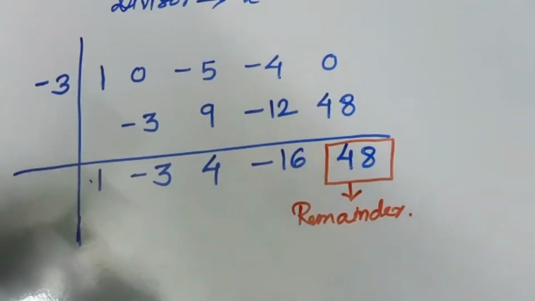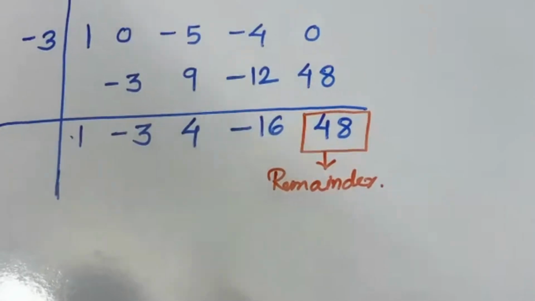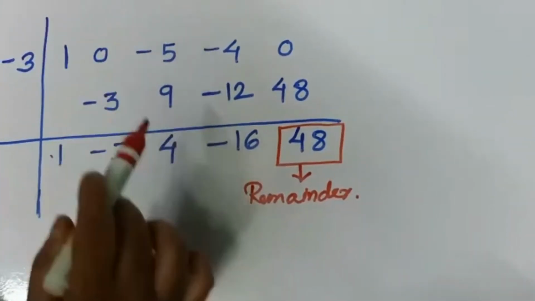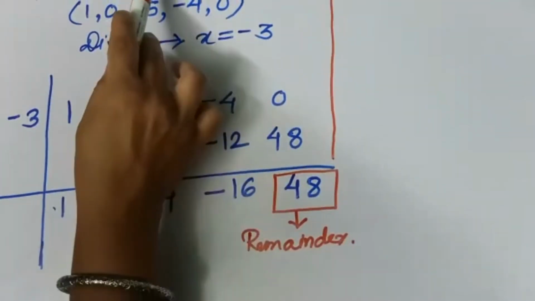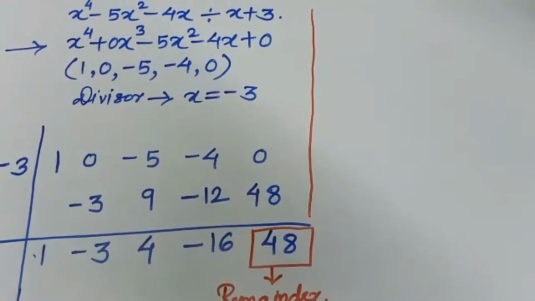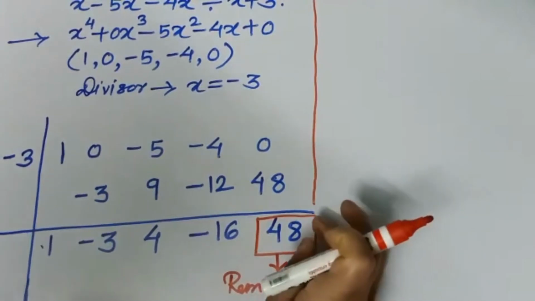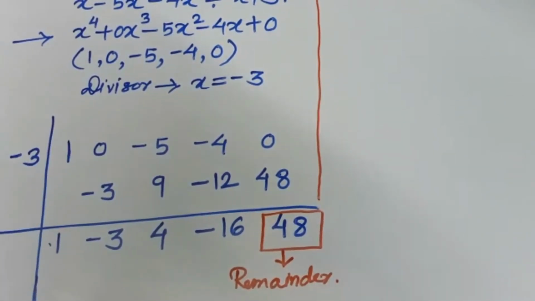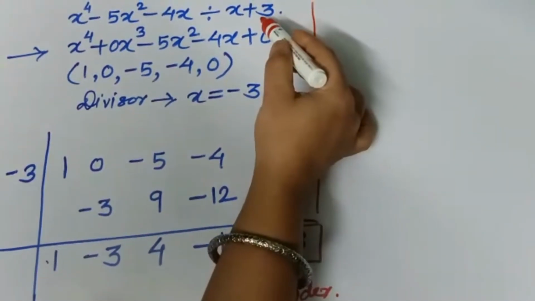Okay. Now what we will do? We will find the relation between here the remainder of this division method. Means after dividing this polynomial by x plus 3 with the help of synthetic method, here we got remainder 48, and the relation between the remainder after the division, at the same time the value of that polynomial after putting x is equal to minus 3.